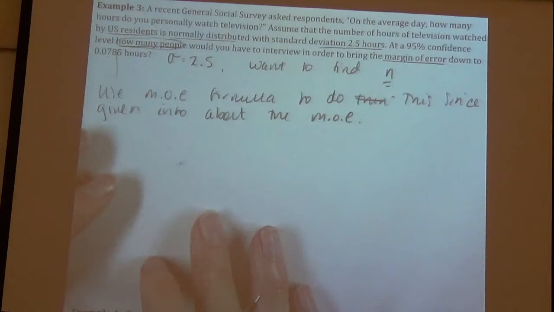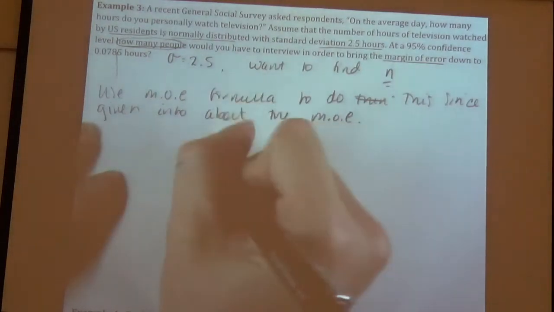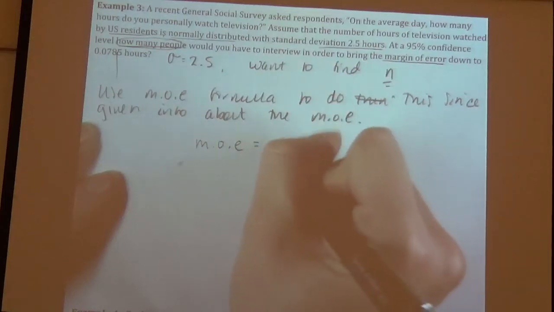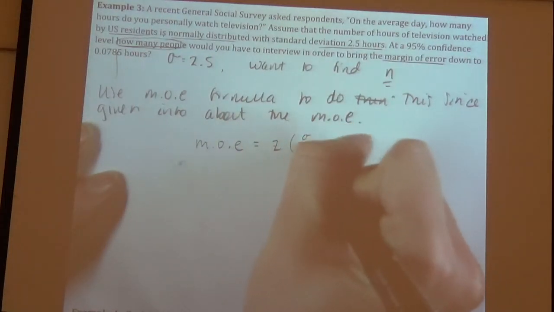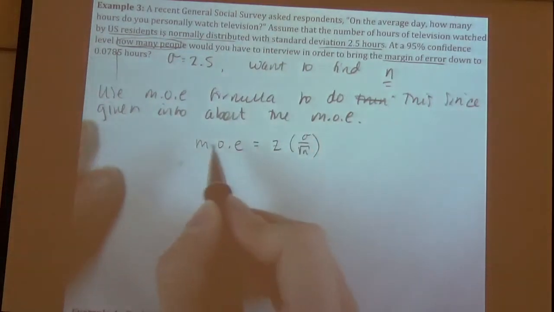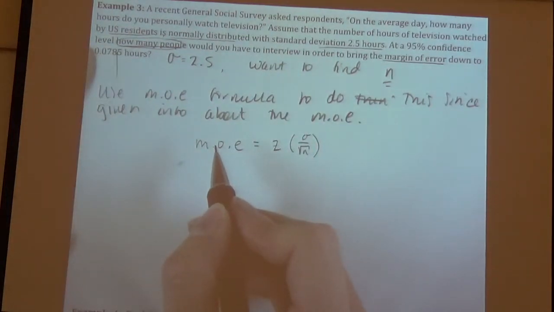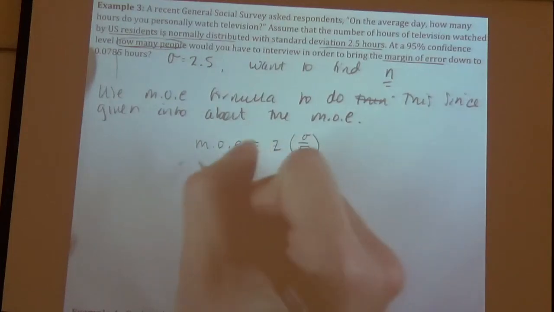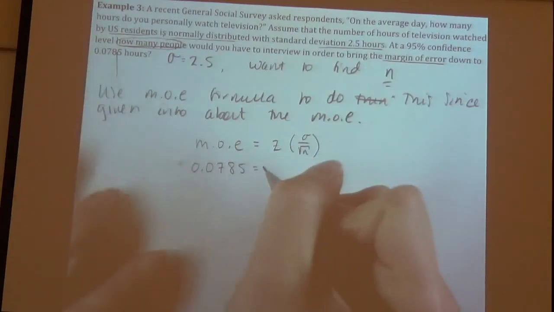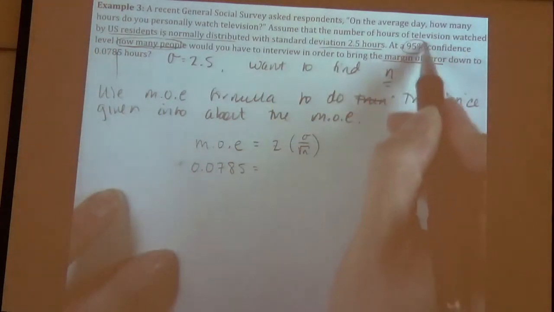Okay, so what I'm going to do is start with my margin of error formula. Margin of error, I know that's equal to z times sigma over root n. Now I know that I want my margin of error to equal 0.0785. Here I'm doing this at a 95% confidence level.